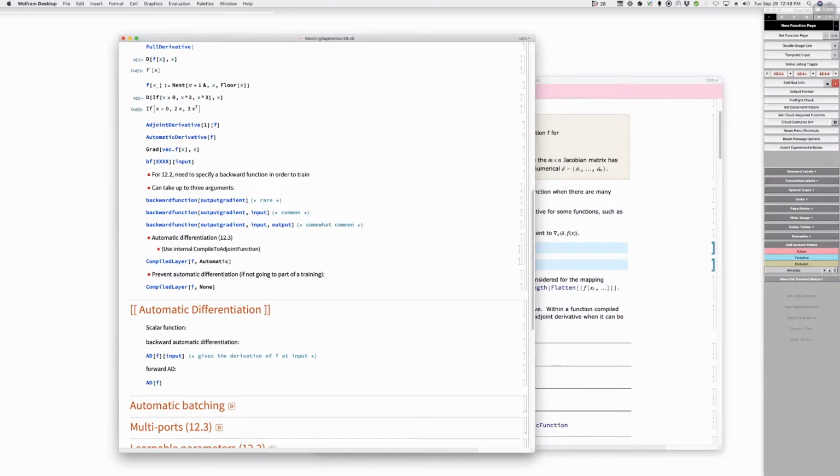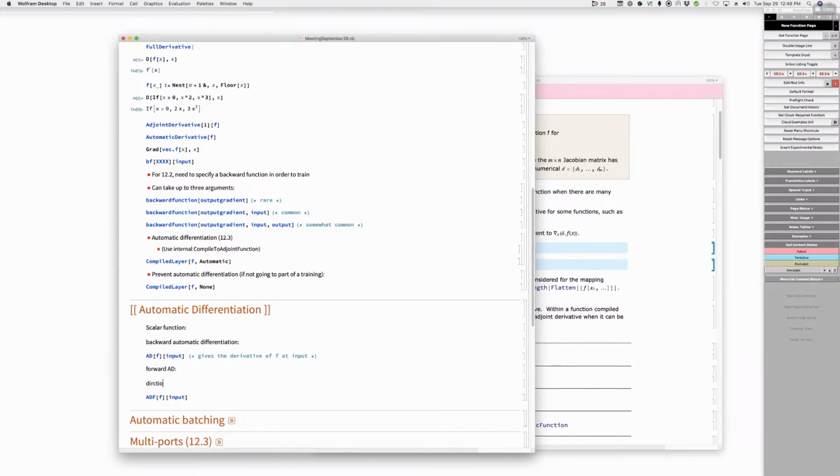I've got this thing, AD of f of input, and then there's some direction in the input space. Exactly. And then what do I do with that direction? It gives the directional derivative in that direction. I see. So the Jacobian dotted with that direction.